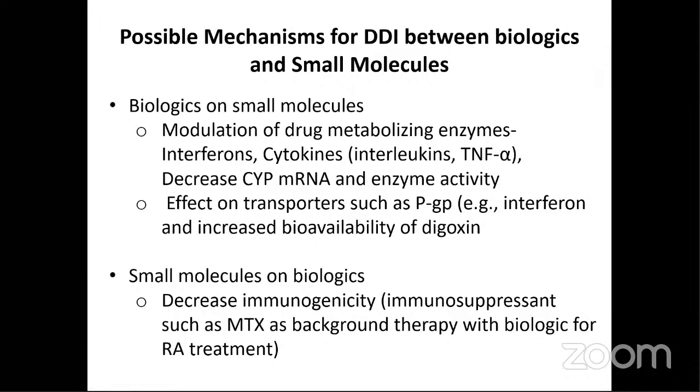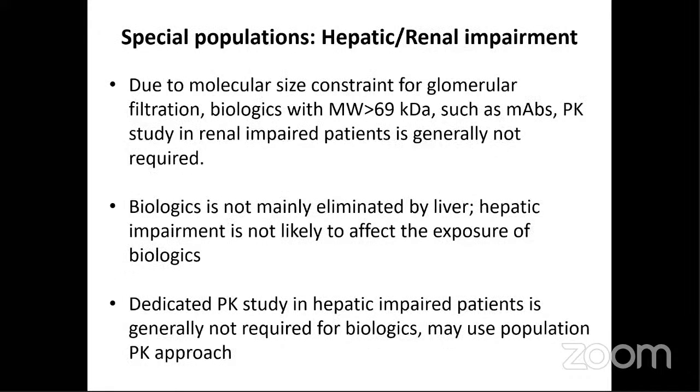And the effect of small molecules on biologics would be a decreased immunogenicity. That principle is used in a lot of these therapies where methotrexate is used to act as an immunosuppressant with biologics, especially in the case of rheumatoid arthritis.